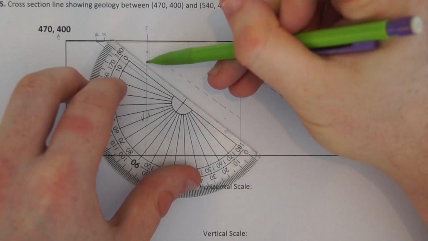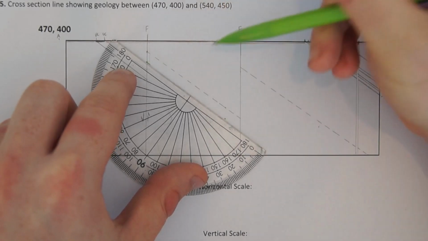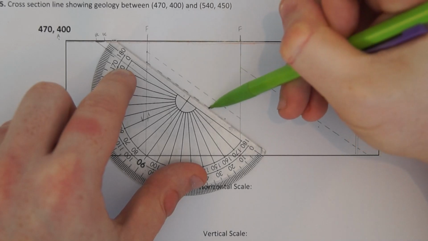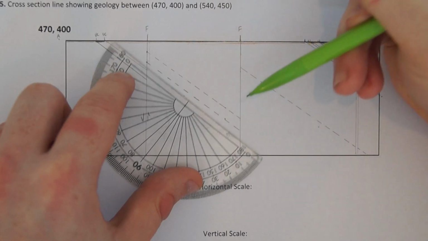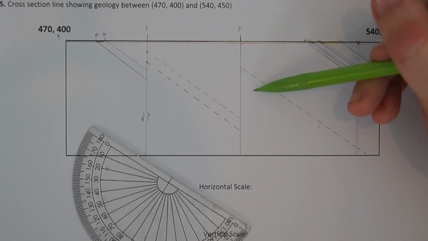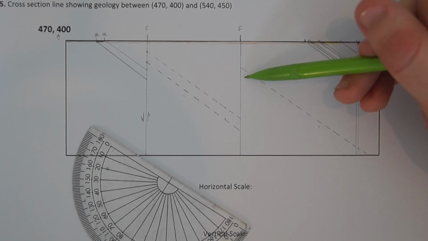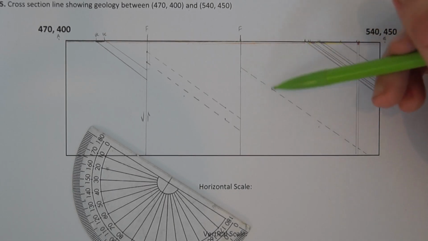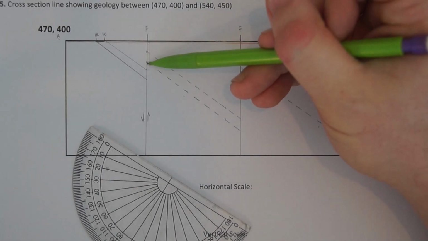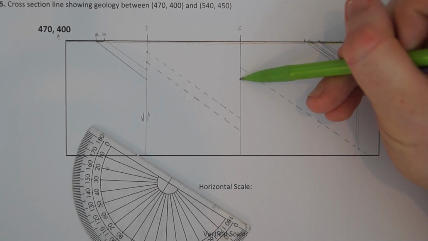And then I plot a point at 35 degrees to that, and then I dash that in. I can also give the contact between the coal measures and the underlying millstone grit on this side of the fault by just using that apparent thickness that I've assumed everywhere else.